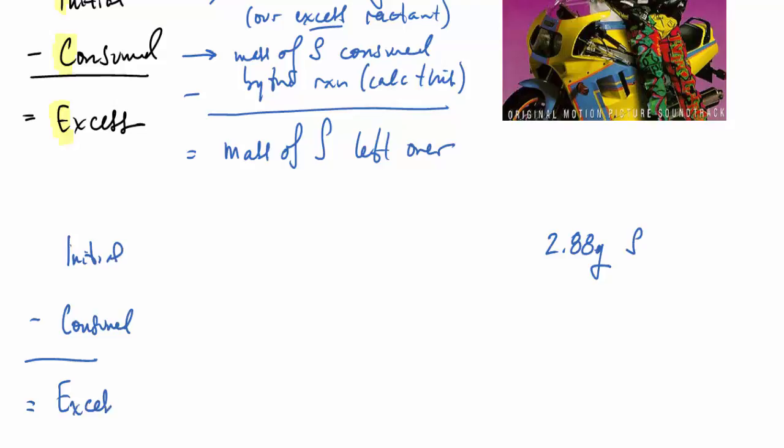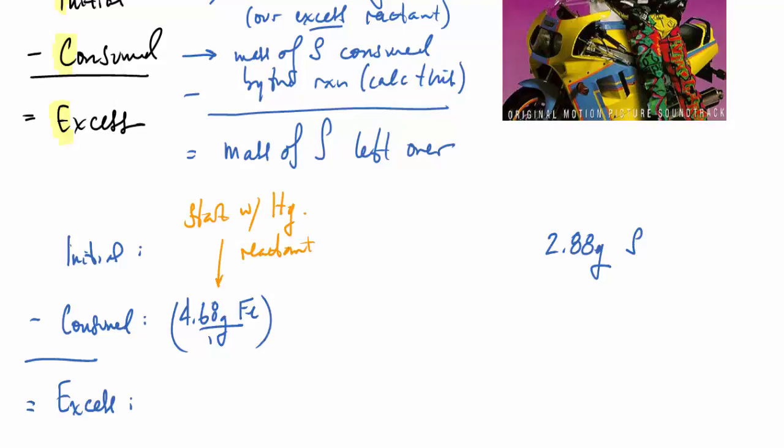Now to find out how much was consumed, we'll just do a simple stoichiometry calculation here, starting always with the limiting reactant, in our case, 4.68 grams of iron. Again, use from above the molar mass of iron, 55.8 grams. And this time we'll use the molar ratio between iron and sulfur, from one reactant to another.